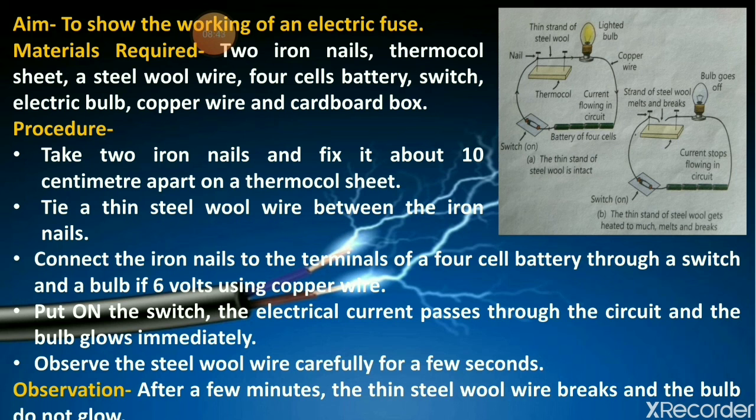That is why when we pass the electric current of 6 volt, the strand of steel wool melts and breaks, and when it breaks, the circuit becomes incomplete and electric current will not flow. That is why the bulb goes off. So this shows the working of an electric fuse.